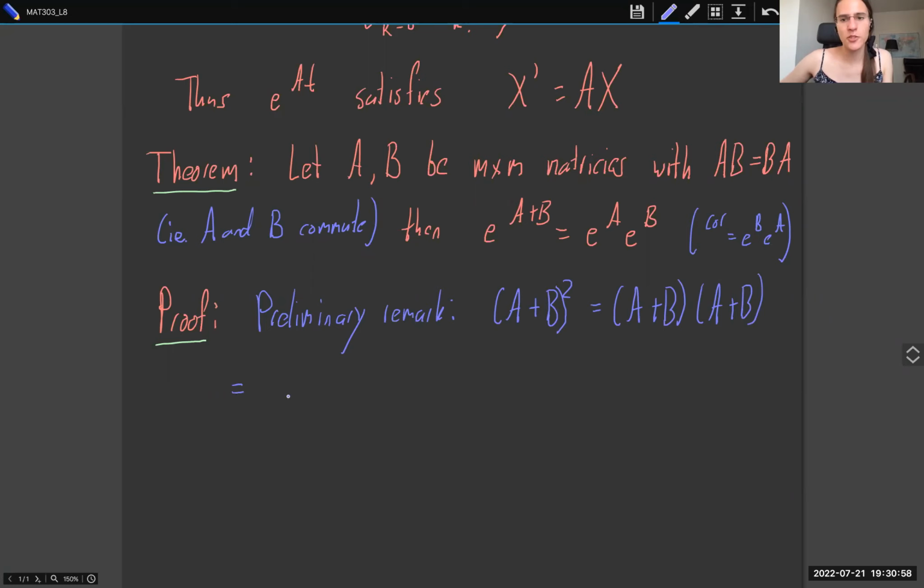What that's equal to is a^2 + ab + ba + b^2. Now, in general, these two things won't be equal. In general, for matrices, it's not true that ab is equal to ba. However, our hypothesis was that they commute.